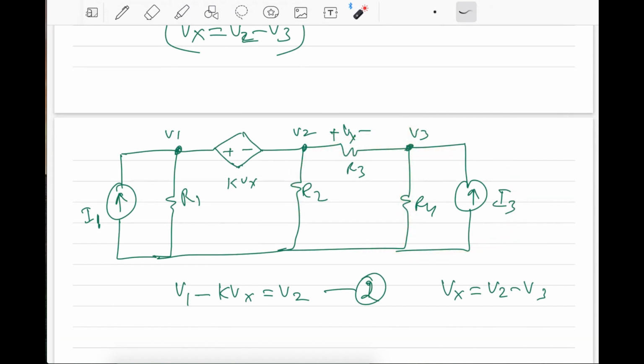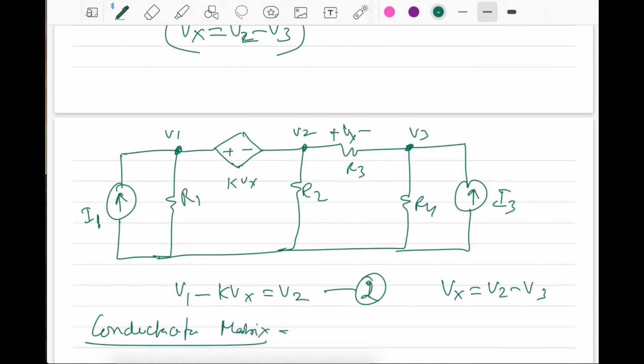So there will be 3 unknowns and 3 equations, and again you write a conductance matrix for this, and you will observe that it's not symmetric, as it was in the very first case where we discussed current sources with resistances.